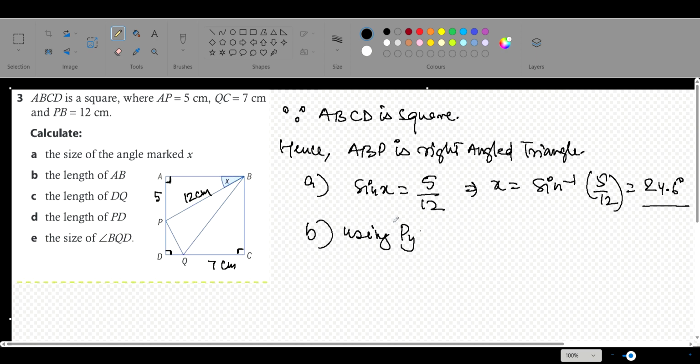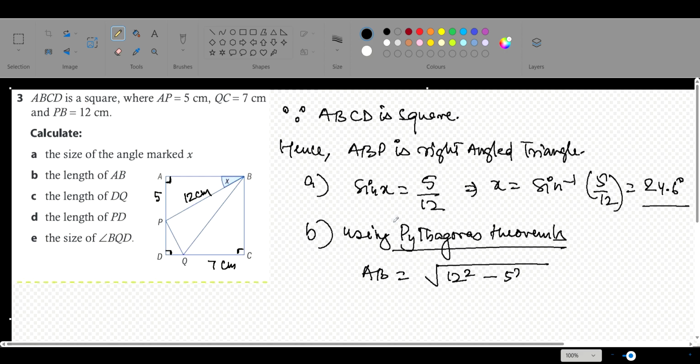Using Pythagoras theorem, AB is root under hypotenuse square minus other side square, which is root under 119, and that is 10.9 centimeter. So this is 10.9 centimeter.